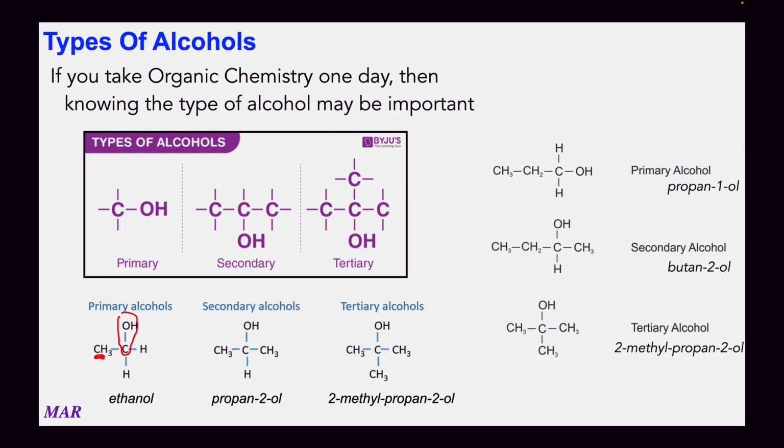On the other hand, a secondary alcohol would be something like the middle one right there. If you look in the lower part, this carbon is connected to an OH, so it's an alcohol, but that carbon has not just one, but two carbons connected to it. So that would be an example of a secondary alcohol.